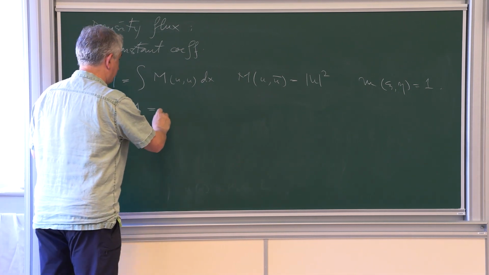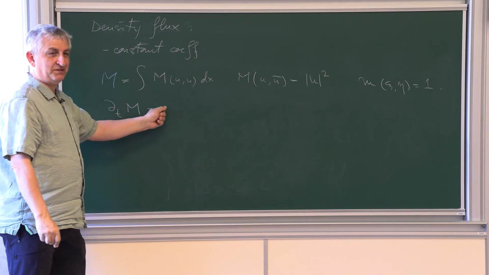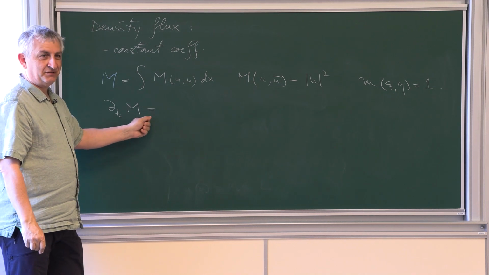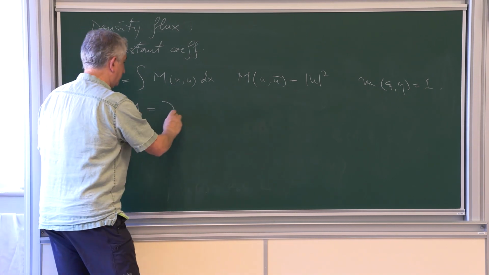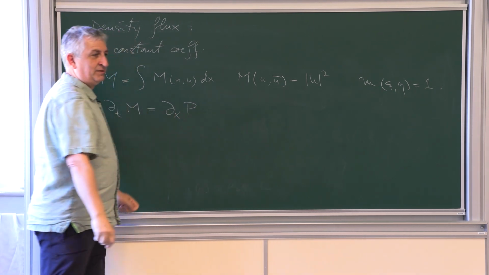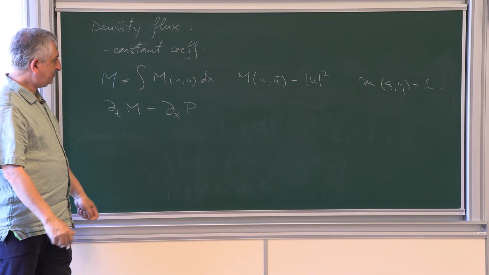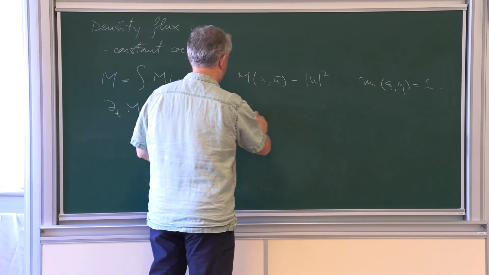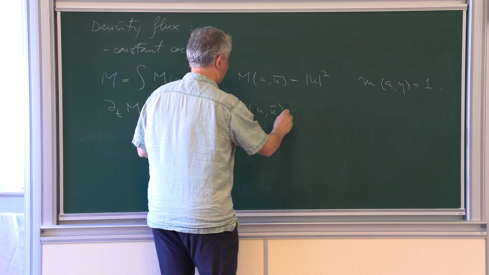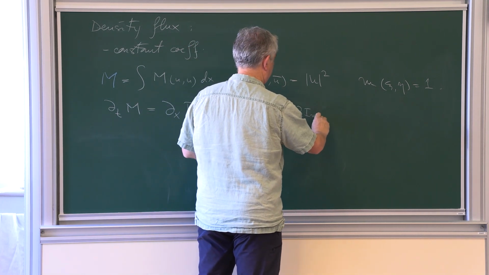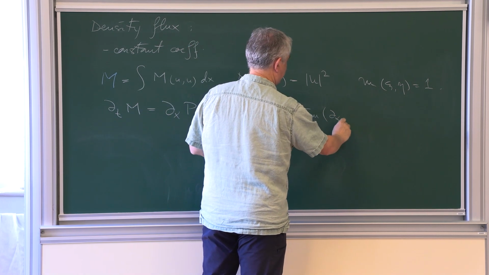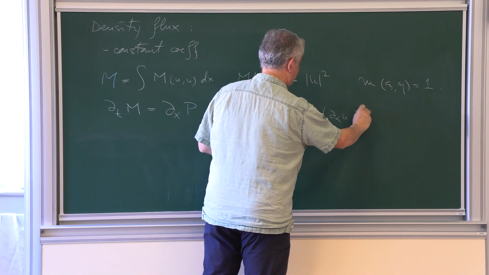All right, this has to be conserved, so it has to be the flux of something. It's going to be the flux of the momentum. Okay, what is the momentum? Let's do the imaginary part of, hopefully I get the signs right, the derivative in x of u times u bar.